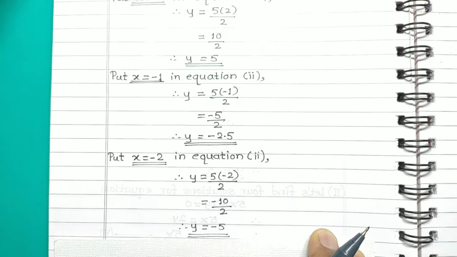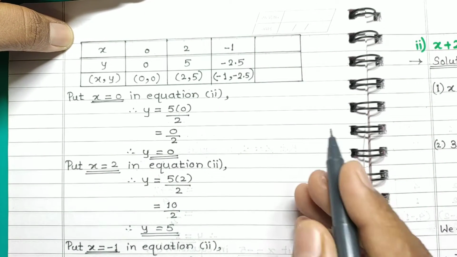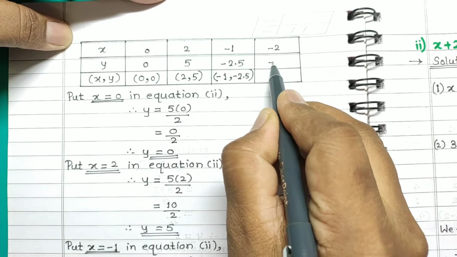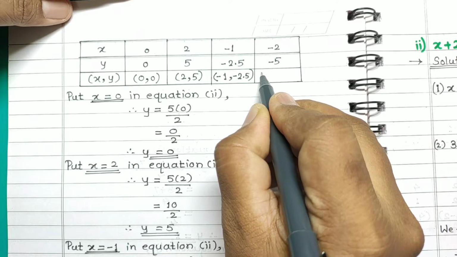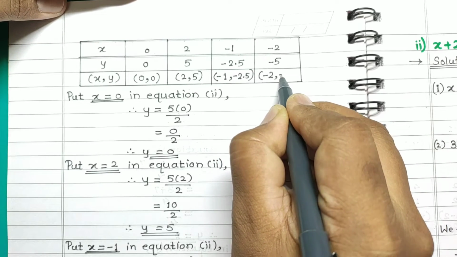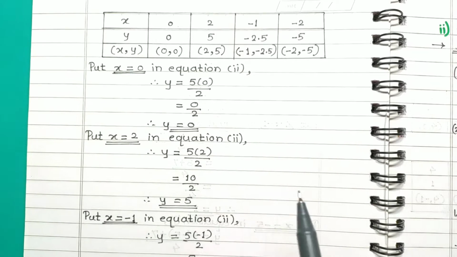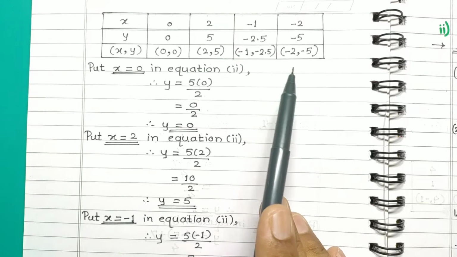Let's complete this table. For x is equal to minus 2, we have y is equal to minus 5, and so the ordered pair is minus 2 comma minus 5. So students, you practice a lot for finding such ordered pairs quickly.